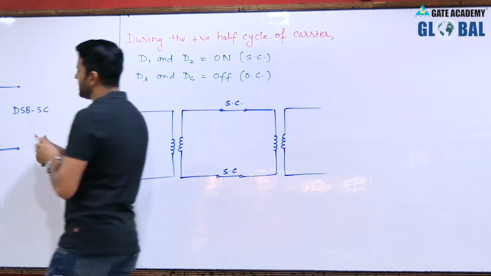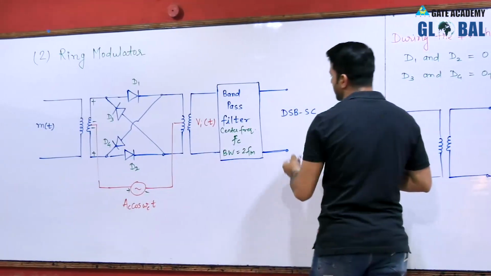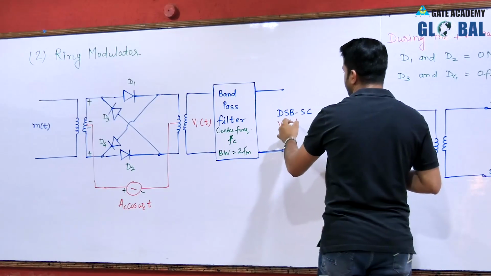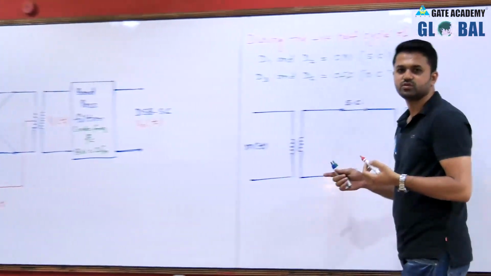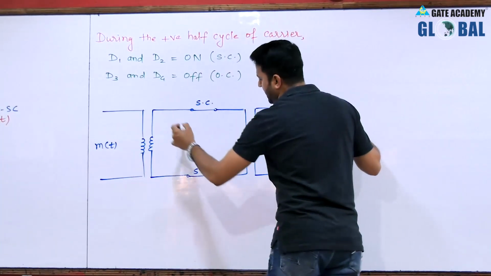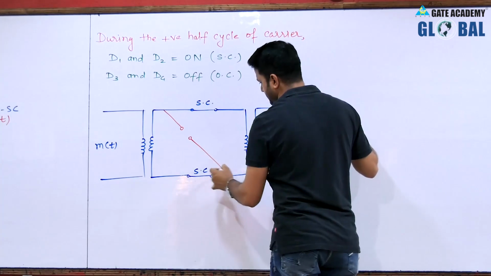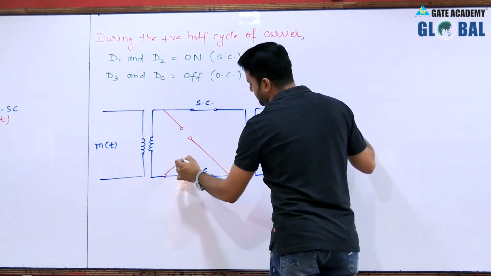Suppose at the input of this band pass filter, Vi(t) is the input and here the output is Vo(t). So, the value of Vi(t), because the message signal is applied here and this is open circuited, and here also we get open circuited.